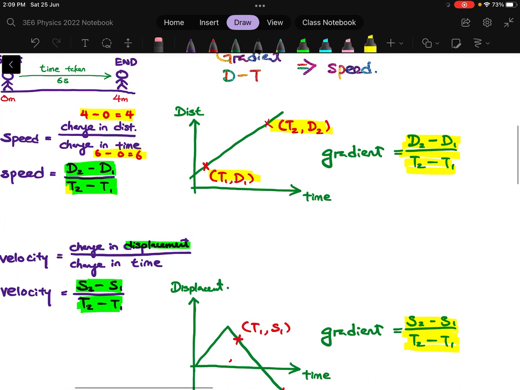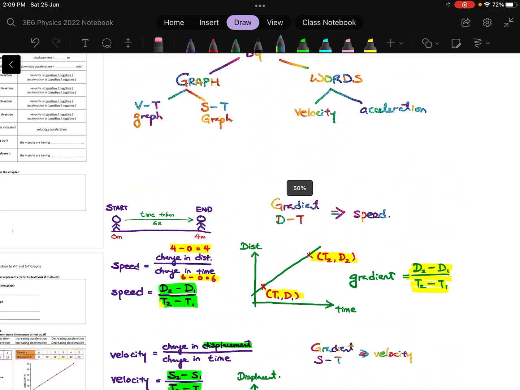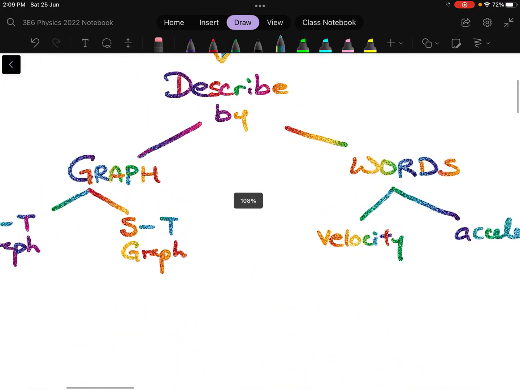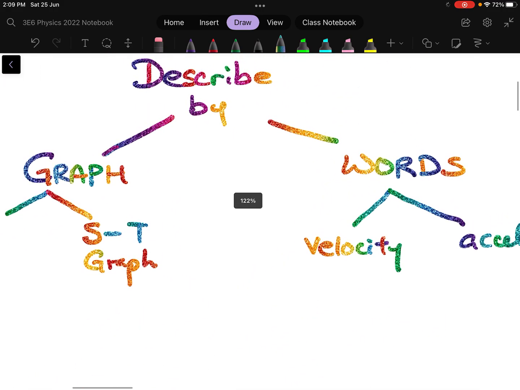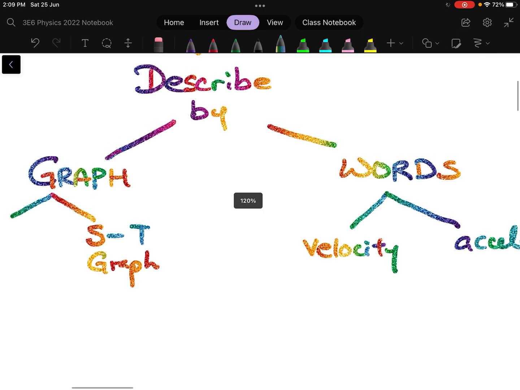So we can actually extend this and say that now we realize that the gradient of a displacement time graph will tell me the velocity, right? So in a way, if now I have a displacement time graph, how can I obtain the velocity of an object?